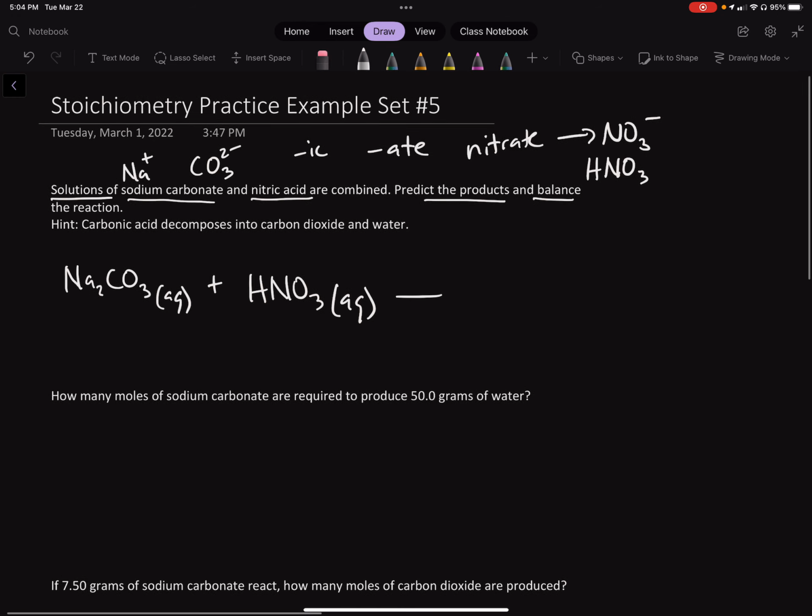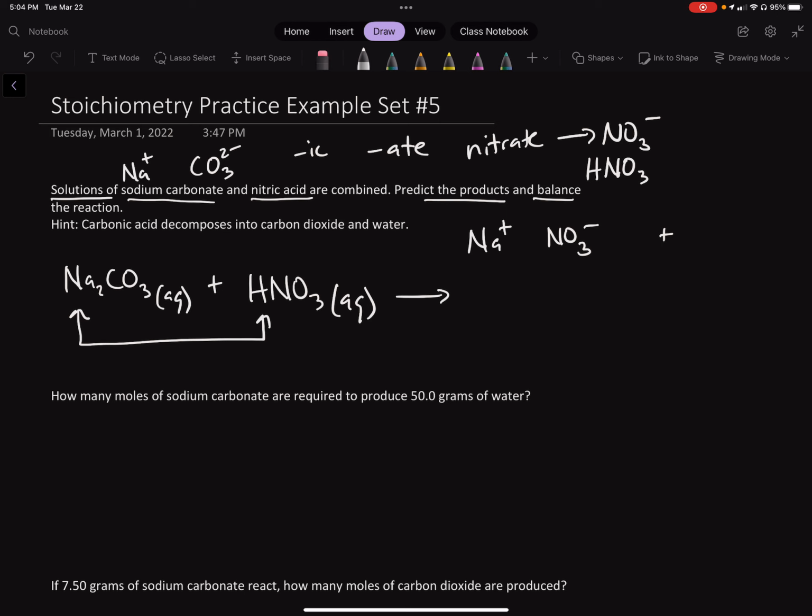And then we have to predict the product. So general advice is you can go ahead and think like double replacement. So I'm going to have the sodiums and the hydrogen switch places. I'll write it up top just so we work out the formulas. So that means we're going to have sodium and nitrate trying to form a neutral compound.